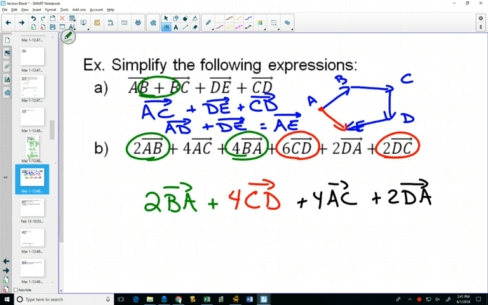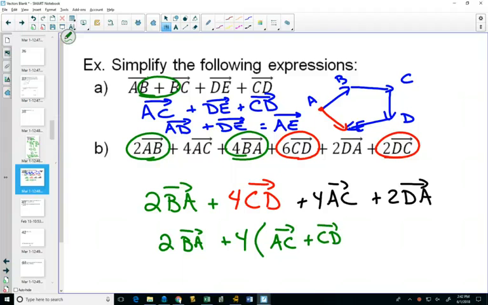You can factor certain things out, yes. So for example, if I wanted to, 2 BAs and I factor out the 4 out of these 2 terms, that will give me, I'm going to write the AC first and the CD next.